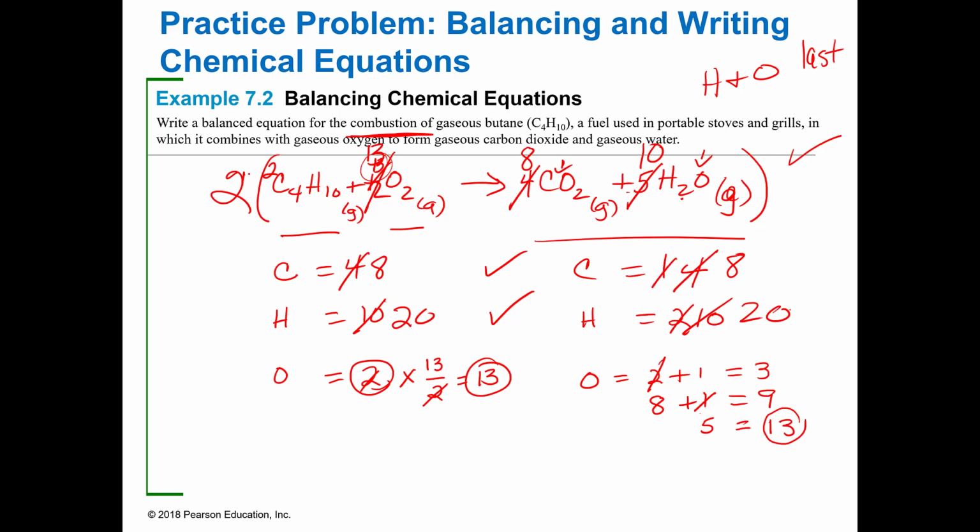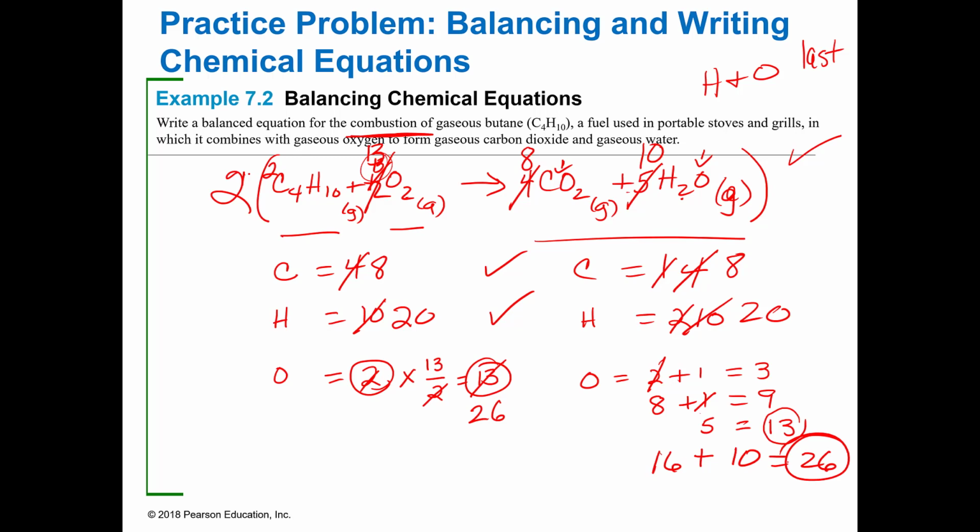And then over here, I have 26 because I have 13 times 2, the 26. And over here, I have now 16 plus 10, right? So I have 26 oxygens over there. And I just went back and checked it.